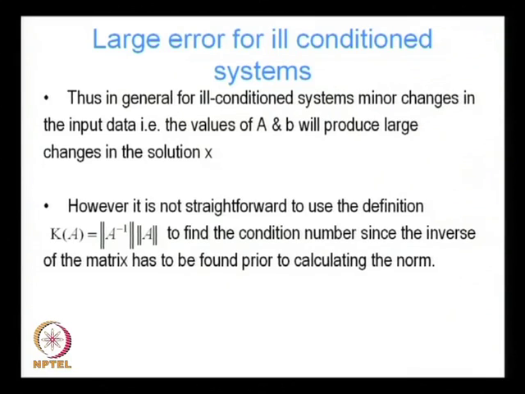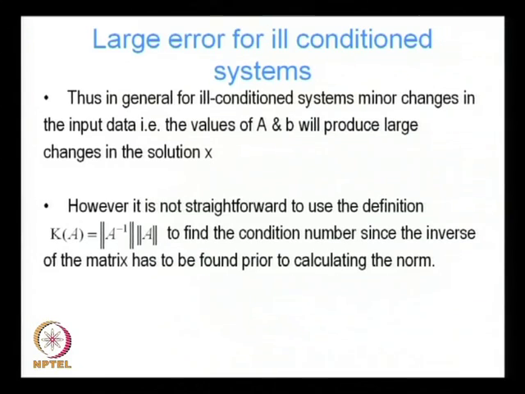Thus, in general, for ill-conditioned systems, minor changes in the input data, that is the values of A and B, will produce large changes in the solution x. However, it is not straightforward to calculate the condition number. Why? Because if you have to compute the condition number as the norm of A inverse times norm of A, we have to first invert A, and the inversion of A is a highly expensive operation. So it is not always practicable to compute the condition number.